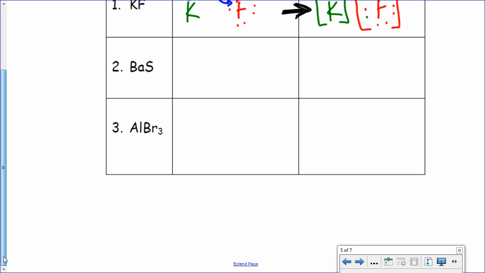Get myself a little more space, put it a little more neatly. Aluminum, the periodic table says that it has 3 valence electrons. Okay. And we're going to combine that with bromine, but there's 3 bromines. Each bromine has 7 valence electrons. So I'm going to do a Br up here, a Br right here, and a Br right there.